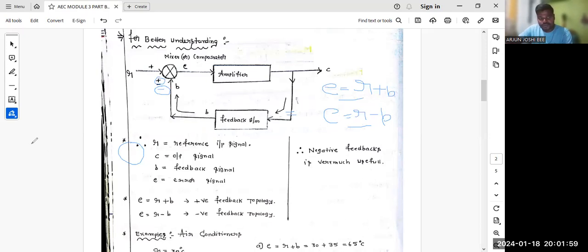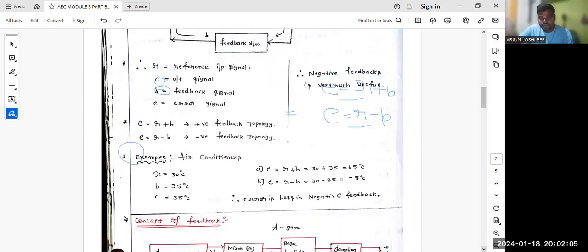Okay. Now let's take an example to understand this negative feedback and positive feedback topology, with the help of one small example. Suppose you have a refrigerator or any heating device.